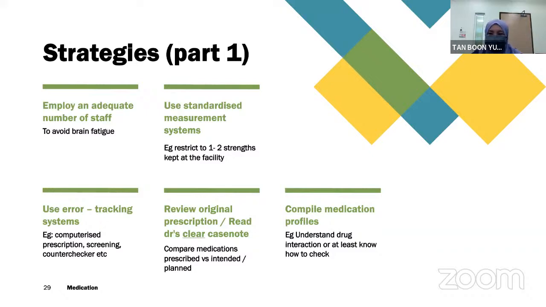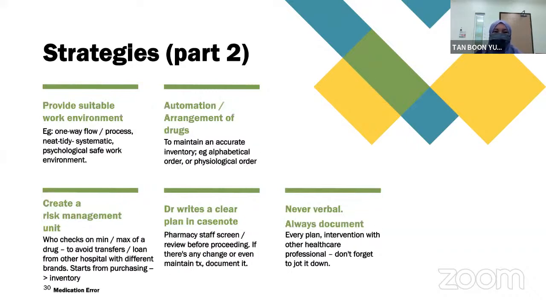The plan, if you want to reduce the dose or increase the dose or even to maintain the treatment, just write a simple thing in the case note, because we as a pharmacy staff, we read your case note. And the fifth one is to compile medication profile. This is more to the pharmacy part lah, whereby you have to understand drug interaction or at least know how to check in the app. Doctors also, it is very helpful if you know the drug interaction as well. The second part for the strategies is to provide suitable work environment.